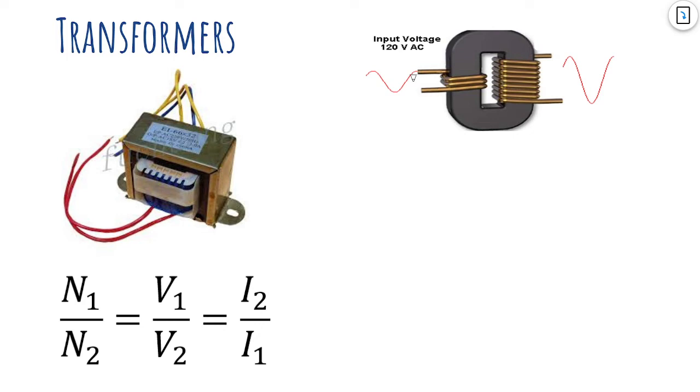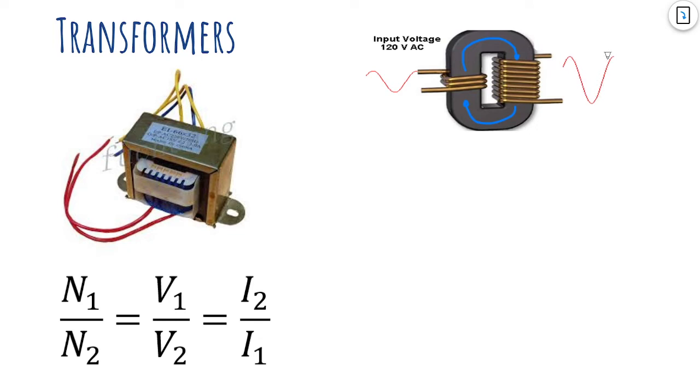And when you pass electricity through a wire, it sets up a magnetic field. That magnetic field is going to come over here and pass through the other coil. There's two coils. And when you pass a changing magnetic field through a coil, you get a voltage, you get an induced current.